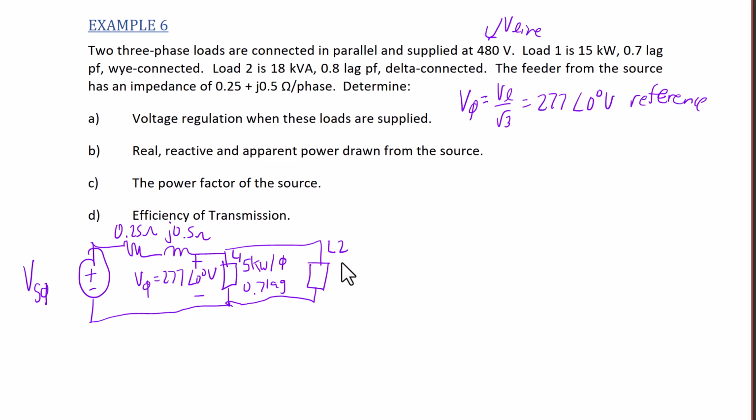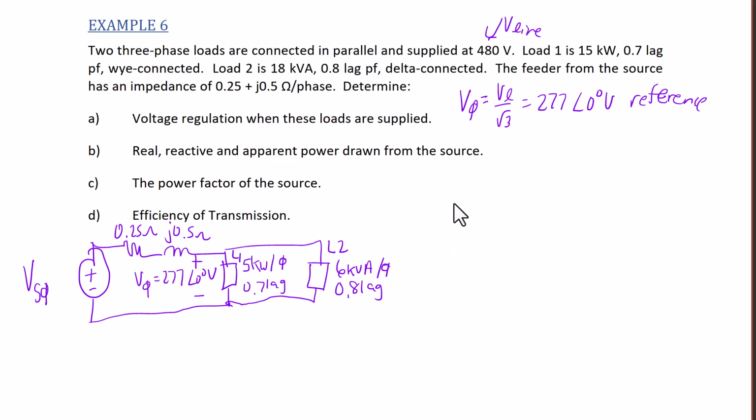For load 2, you also have to divide by 3. So the 18 kVA is going to be 6 kVA per phase, and that one's going to have a 0.8 lag. So here's the equivalent circuit for one phase. Now we're going to have to use our power triangles in order to find our other values.